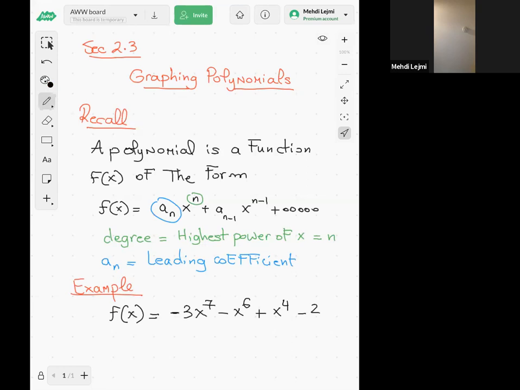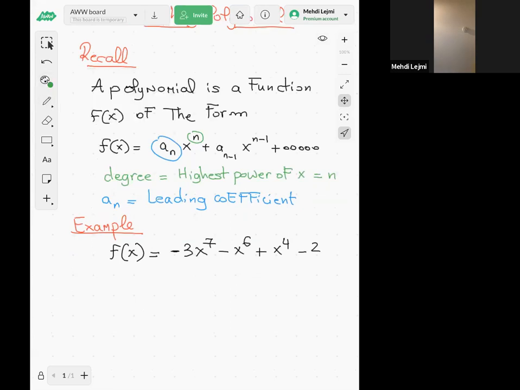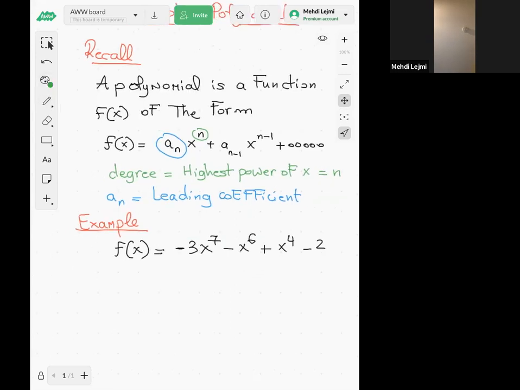Then our n, the highest power of x, is 7, and our leading coefficient a subscript n is this -3. Anyway, that's just to remind you the definition of polynomial.